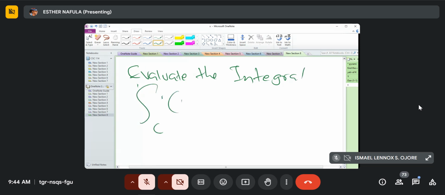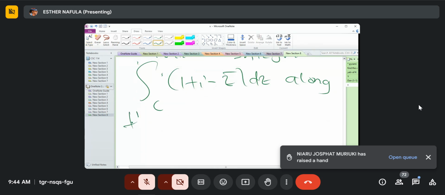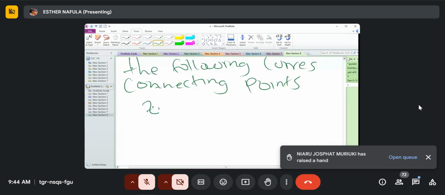Evaluating this integral, 1 plus i minus z bar dz along the following curves connecting points z1 equals 0 and z2 equals 1 plus i.